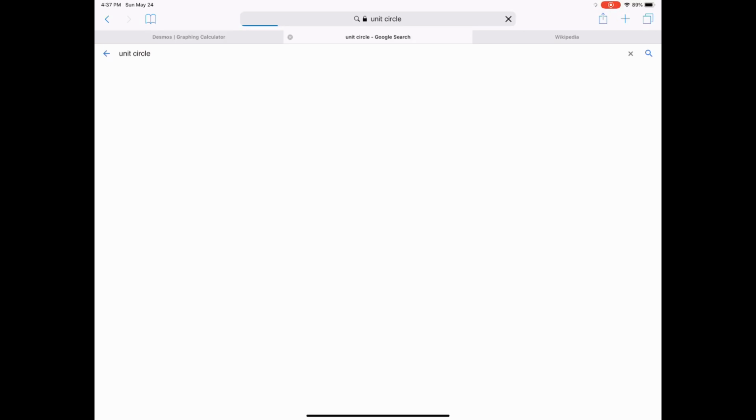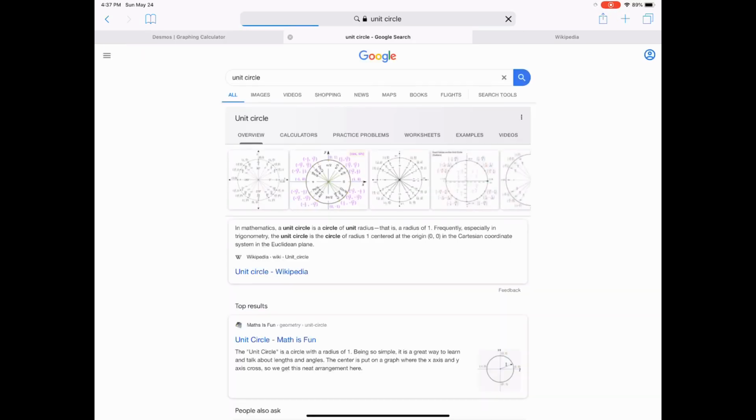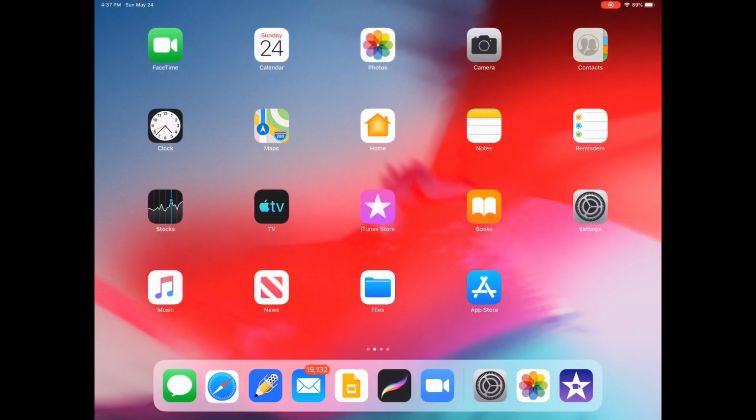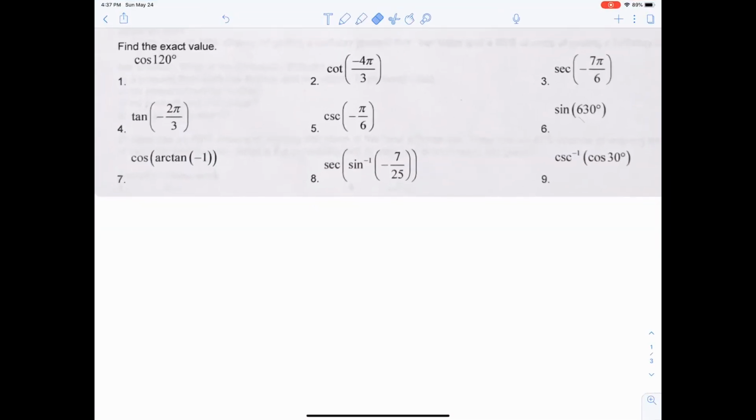You can find a lot of unit circles. You search images, and all these unit circles pop up. Choose one that you like the most. Anyway, I have taken pictures of some.